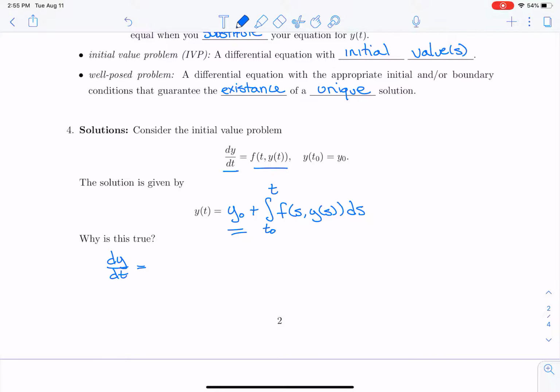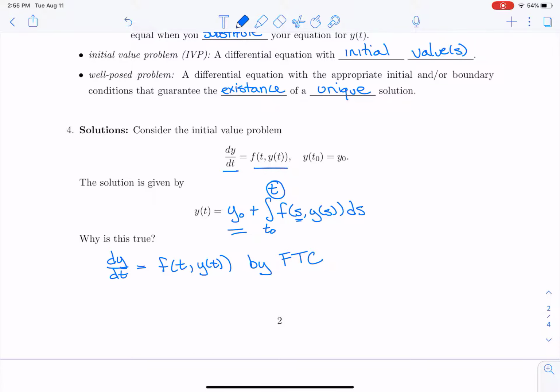The derivative dy/dt is actually f of, substituting in for s, we substitute in t, the upper limit of integration, and we also substitute in t in the second part, y of t. Look, dy/dt is f of t and y of t. So the derivative does match our differential equation, and that was true by the fundamental theorem of calculus. That tells us that we have found the solution to the differential equation.